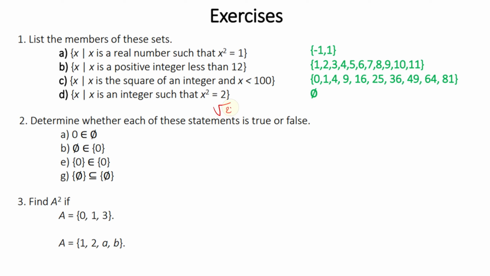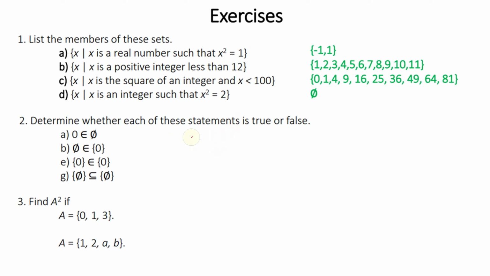It would have to be the square root of 2, and this is not an integer. So the answer is the empty set, which means there is no x that satisfies this condition.